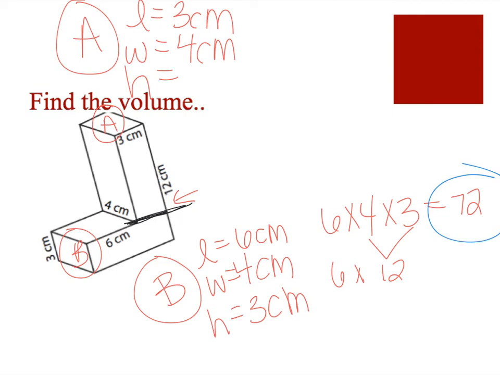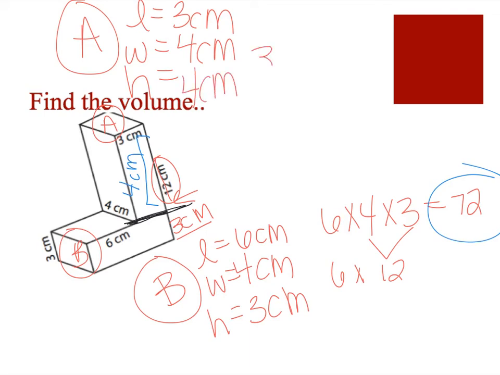So then I said to myself, okay, if the height of figure B is 3 centimeters, that means that this length must be 3 centimeters. And so if I subtract that 12 centimeters minus 3 centimeters, then that means that this section right here must be 4 centimeters. So my height for figure A would be 4 centimeters.